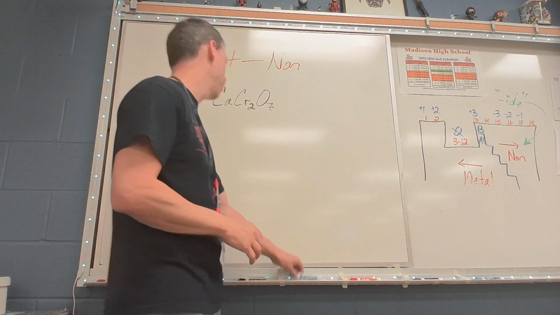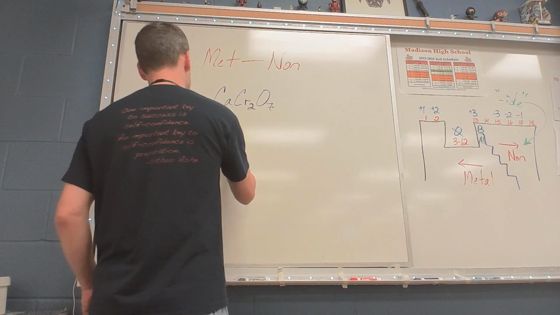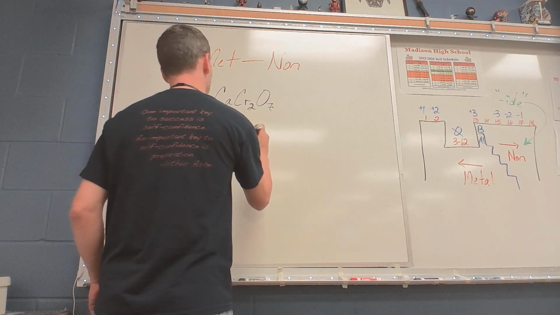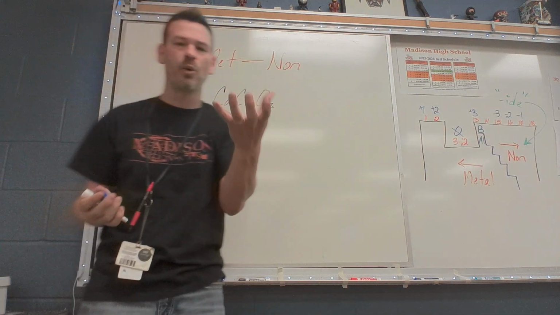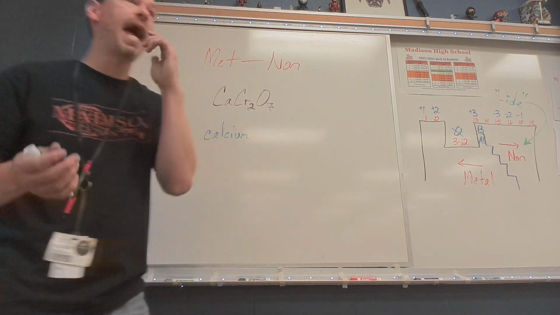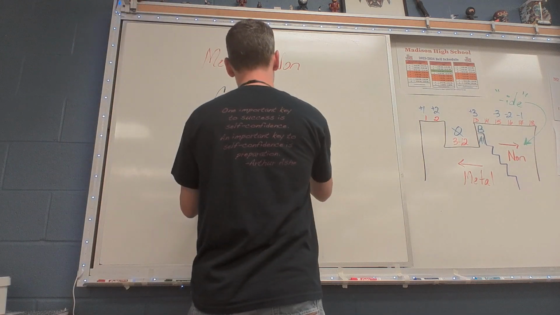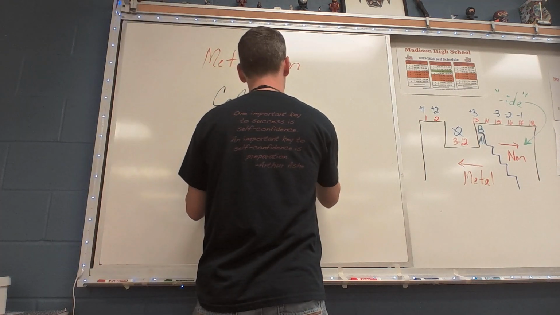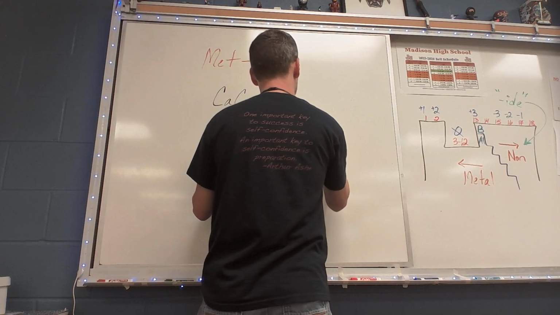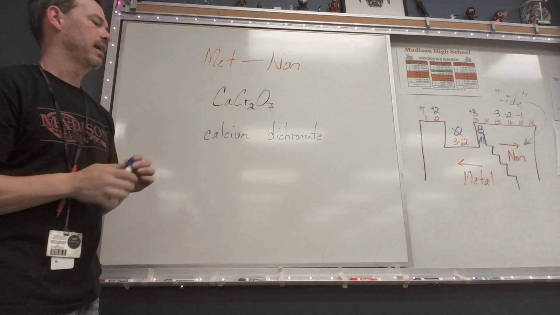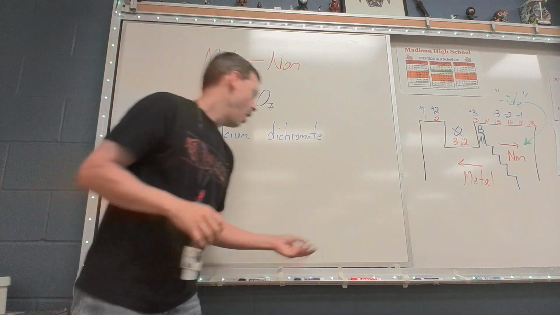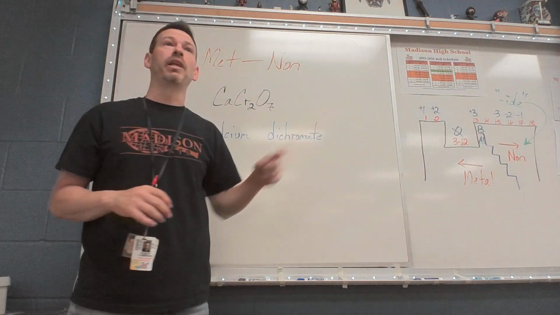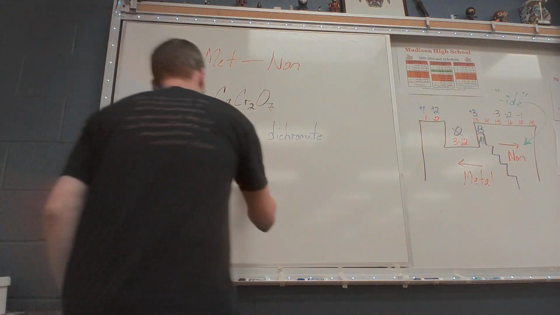Got to be able to find them, though. Ca is calcium. And if I've got good knowledge of my polyatomics, the Cr2O7 would jump at me. Does anybody know what it is? Dichromate. Calcium dichromate.